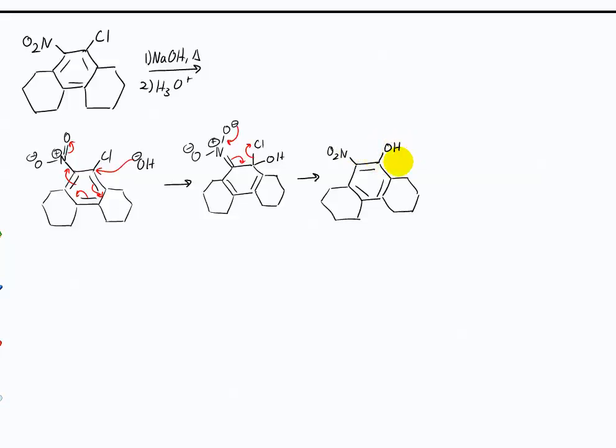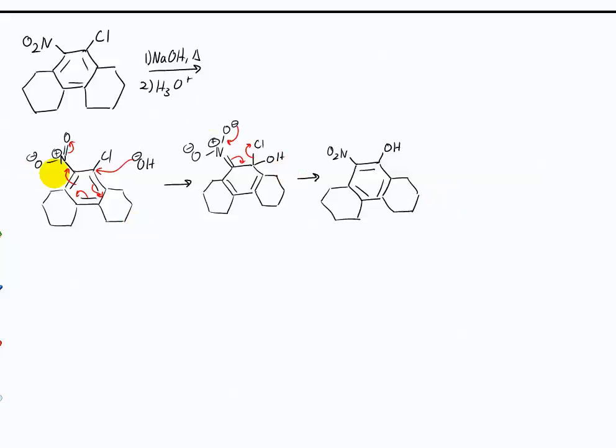And if you really want to be super exact about everything, you leave this as an O minus and then protonate it in the next step. But the book doesn't emphasize that. I won't worry about it either. The important part are these mechanisms.